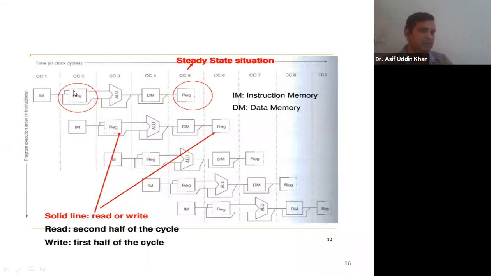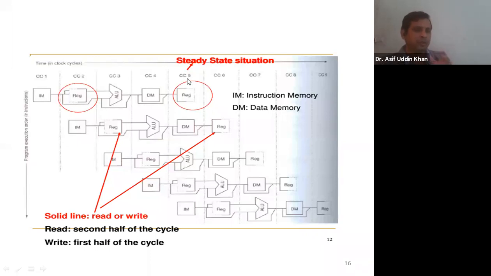That's why you can see that the first half of the clock cycle is dotted and in the second half this line is there, where the register read operation is done. Similarly, in the write back stage, the register write operation is done in the first half of the clock cycle.